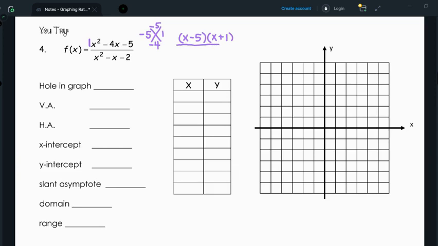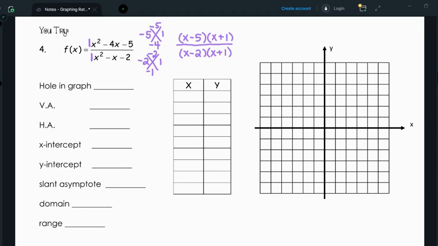In the denominator, I'll also see if I can factor. I have -2 that I want to multiply to, and -1 I want to add to. The factors that multiply to -2 and add to -1 are -2 and 1. Again, because I have a coefficient of 1 in front of my x squared, I can just factor using the shortcut method of x minus 2 and x plus 1.